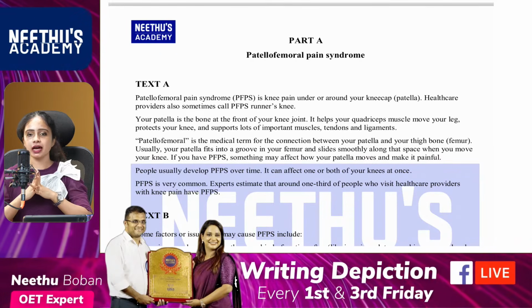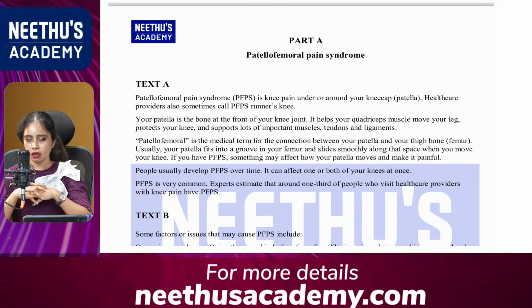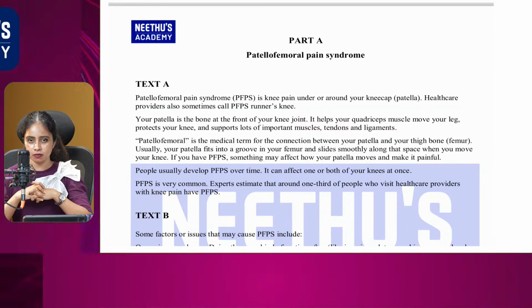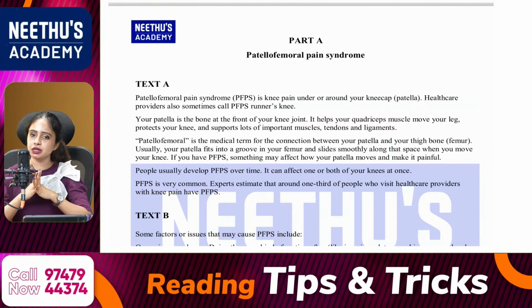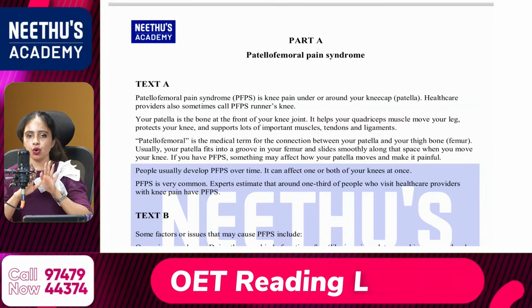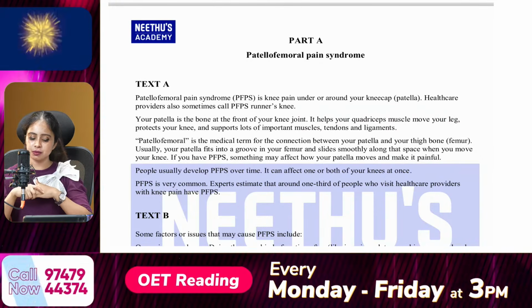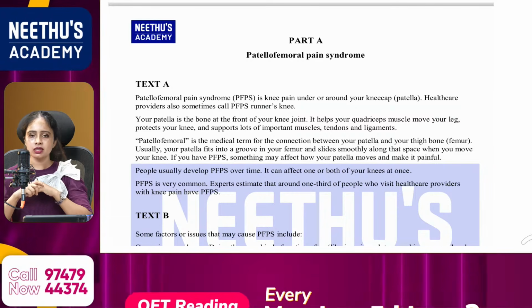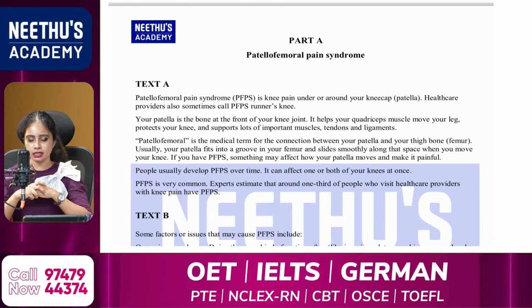For that, we have to follow a certain strategy, and that strategy can be called skimming and scanning. Within these 15 minutes, we have to complete 20 questions and we have to skim and scan through all these texts: text A, text B, text C and text D. You can take almost 2 minutes for reading all these texts.